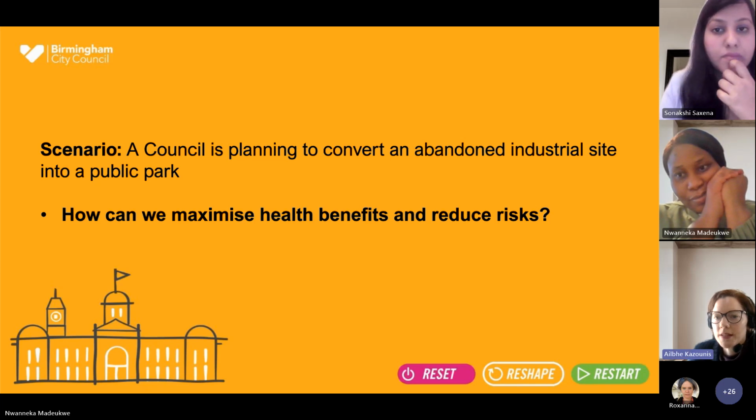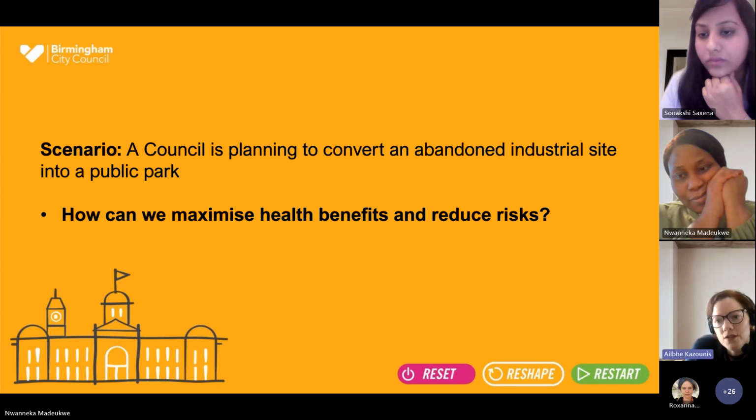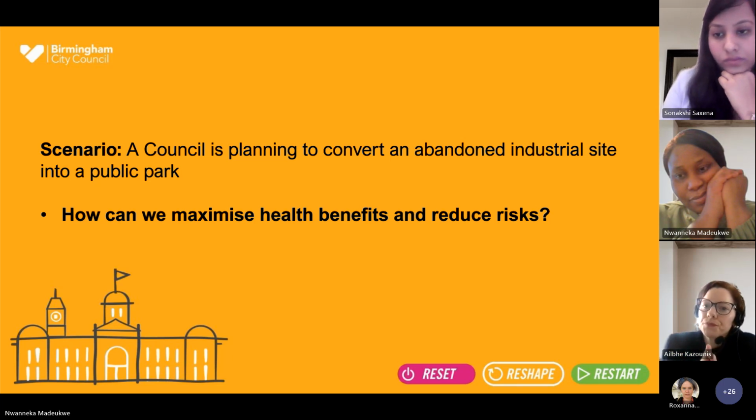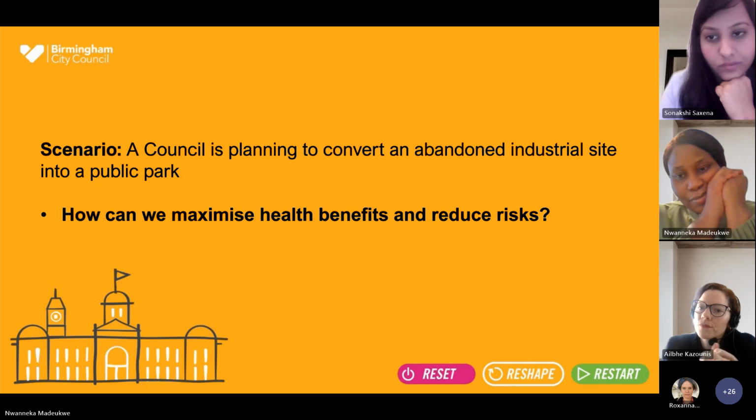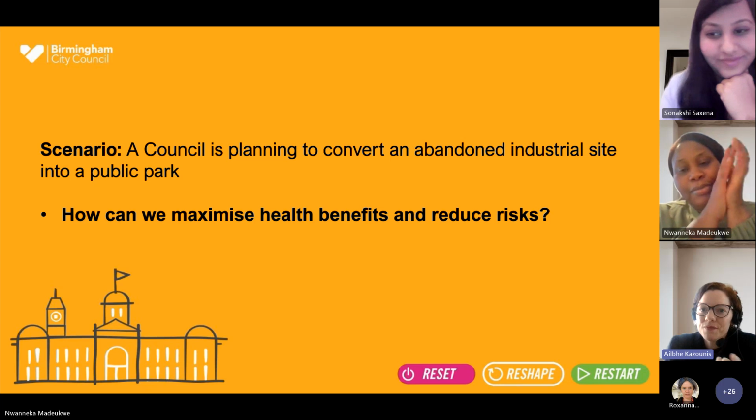Collaborate with partners like the police. Yeah, checking the soil. Yes, local ownership, that's an important one.